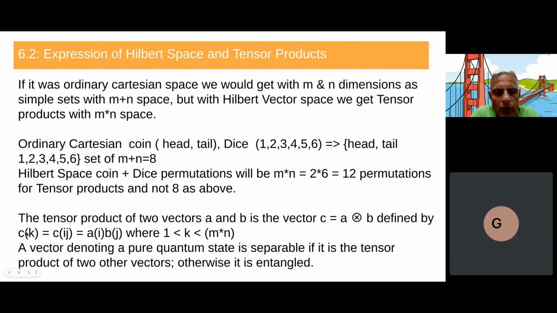That is, we are calling C a vector with a kth element. The kth element will be nothing but a combination of i and j in terms of representation. That means the ith term of A and the jth term of B, when you multiply, you will get C_ij.